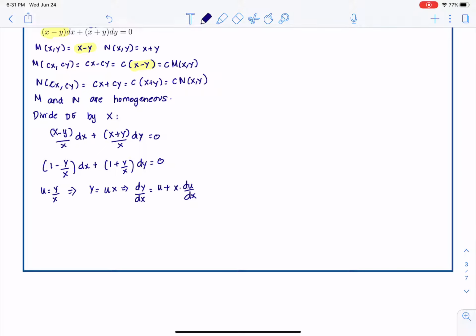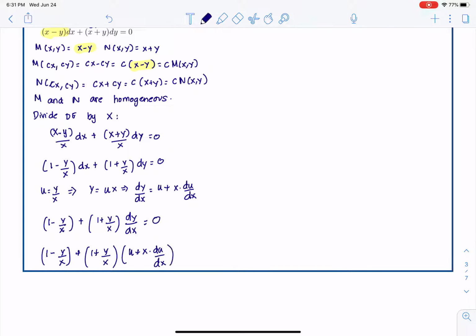Forgot to divide, so let me divide by dx on both sides. And dy over dx is simply u plus x times du over dx, equals 0.